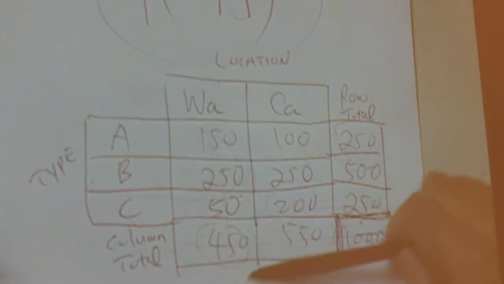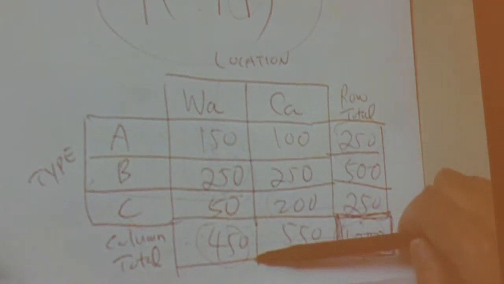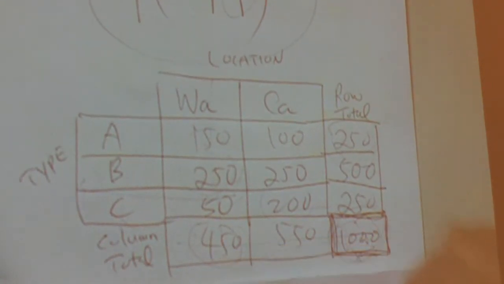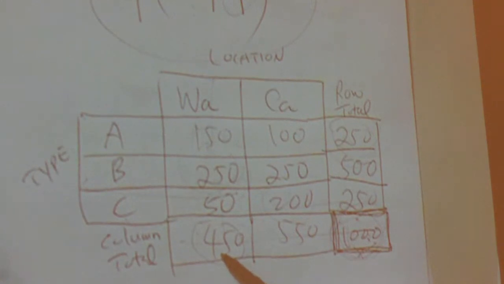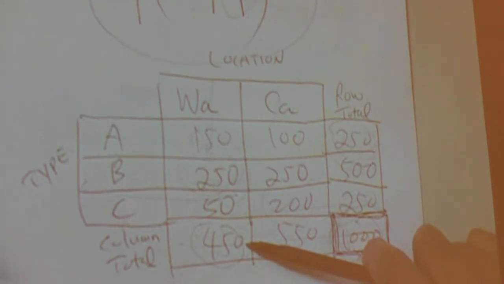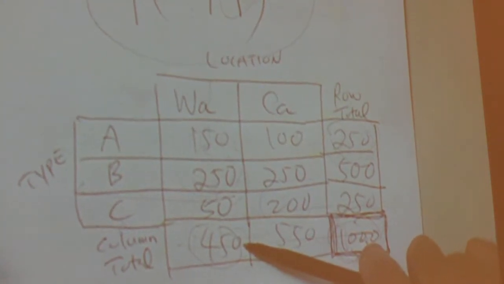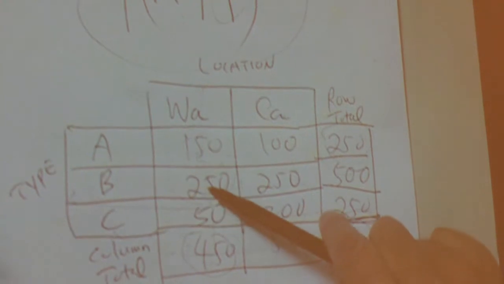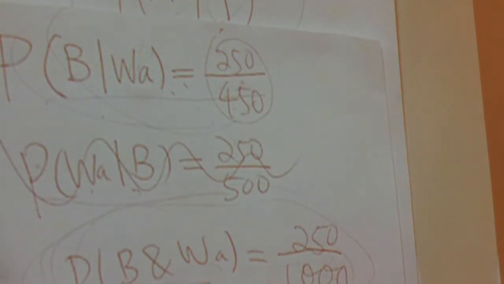So 450 is the denominator, because every case here is a possibility, right? Out of 450 cases, how many are type B? 250. So 250 over 450. So we got that probability.